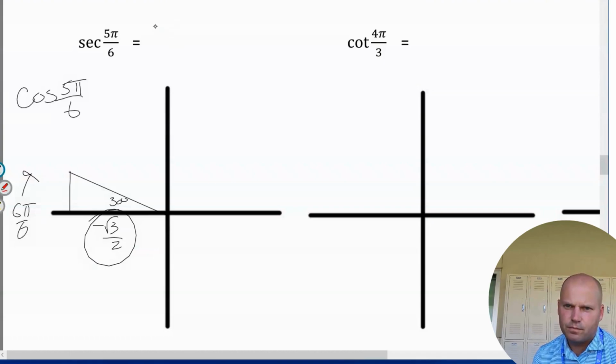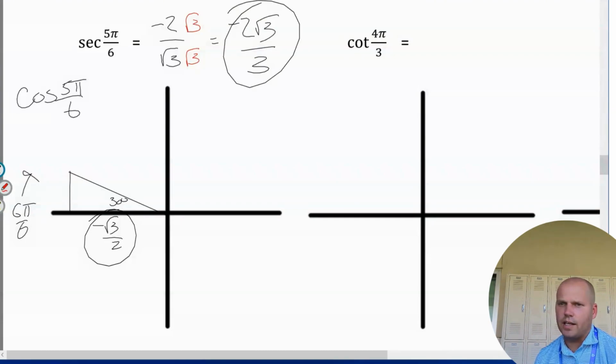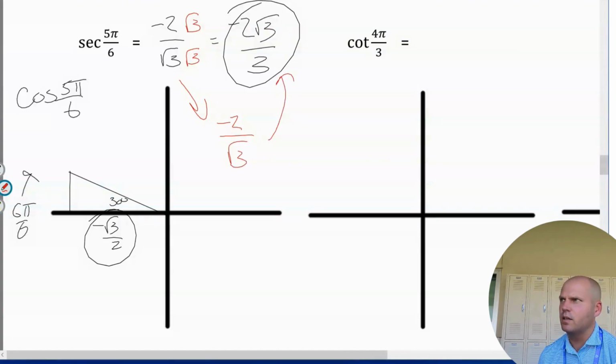Flip it. Rationalize it. There's my answer. And again, I will accept this answer on your quiz, but for a test, you need to be prepared to get that answer.